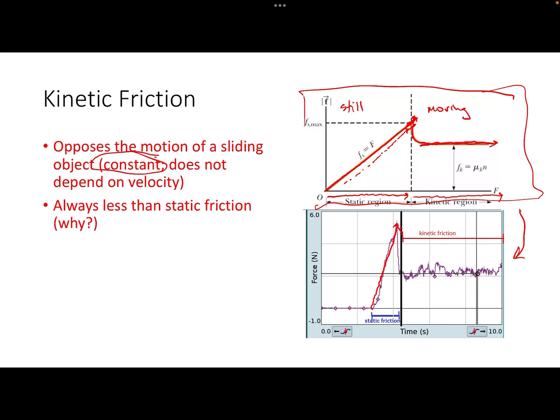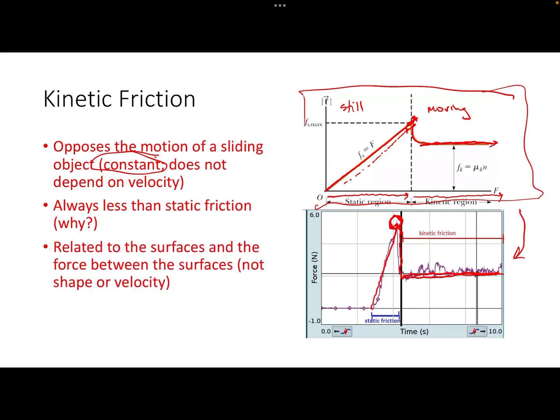And then once the object starts to slide, boom, the force of friction is constant. We could use this maximum force of static friction to calculate the coefficient of static friction if we knew the normal force. And we could use this constant force of kinetic friction to calculate the coefficient of kinetic friction if we knew what the normal force was.